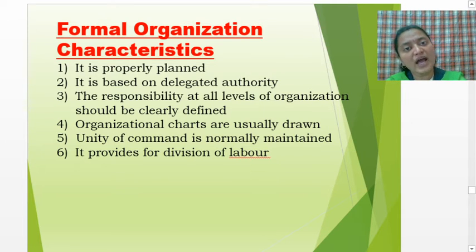Because of that, the work should be distributed or divided among all the employees in the organization. That is called division of labor: how the work is divided or distributed among all the employees, and on the basis of what allocation of work is given to them. Based on that, division of labor is done. So these are the characteristics of formal organization.